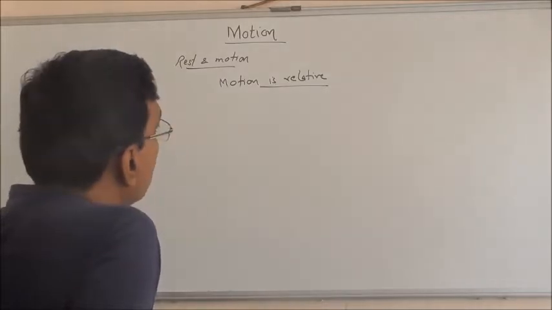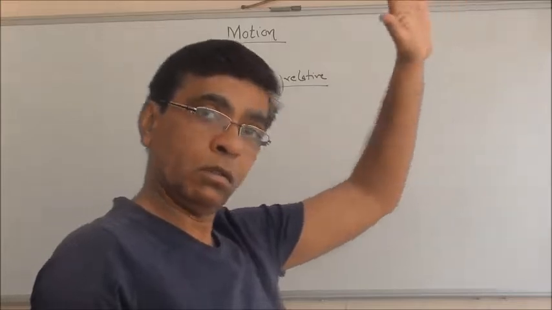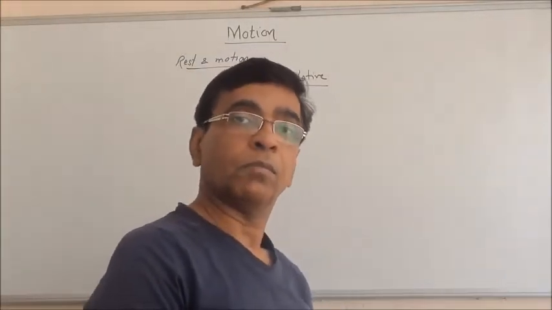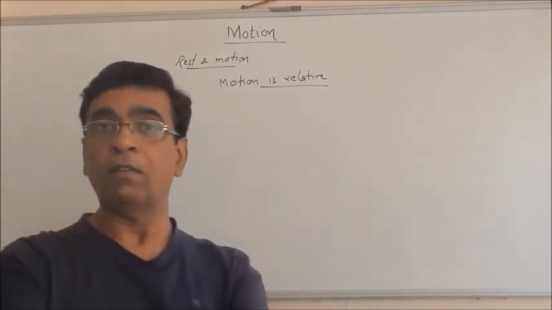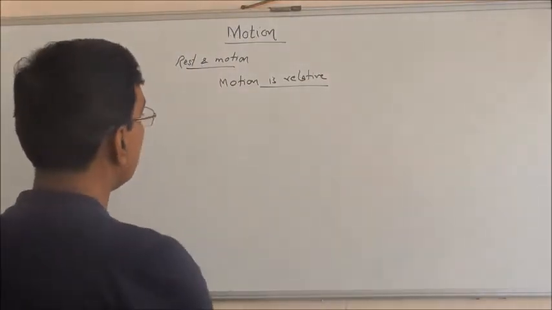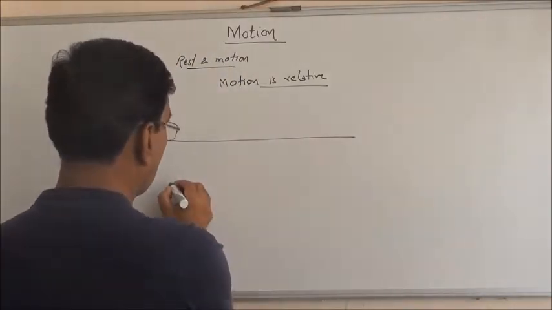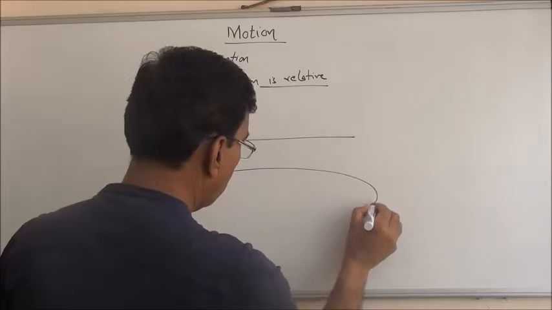Okay, now types of motion. A body is moving along the road. You are in a car moving on a highway with a speed of say 60 kilometers per hour. This we call translational motion. Translational motion means you are moving like this, or maybe like this.